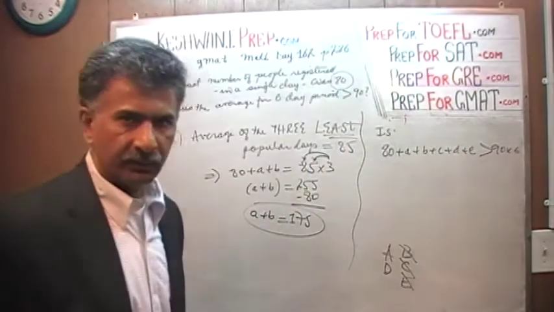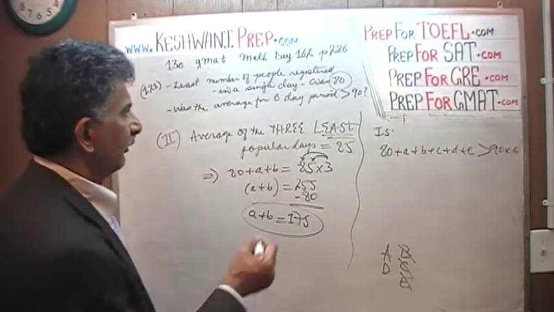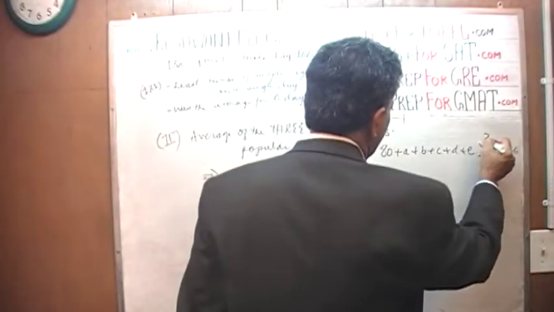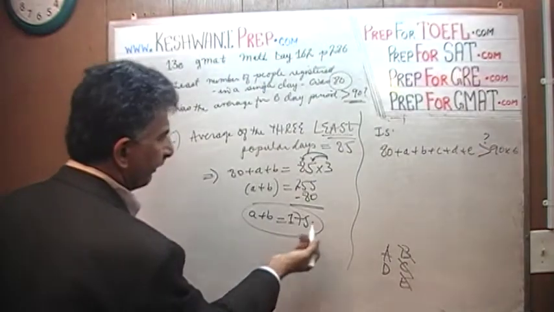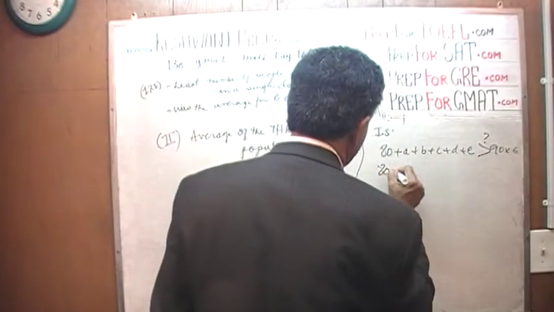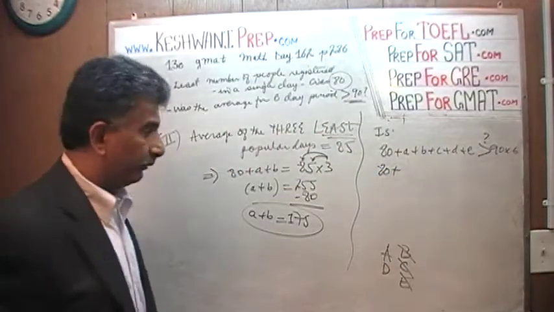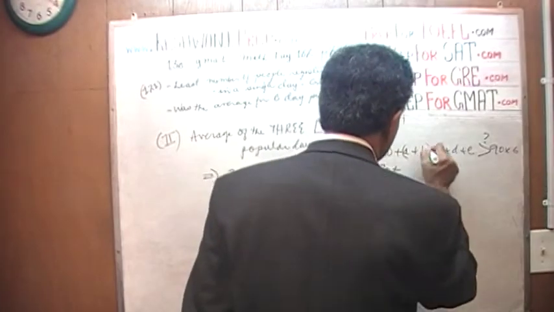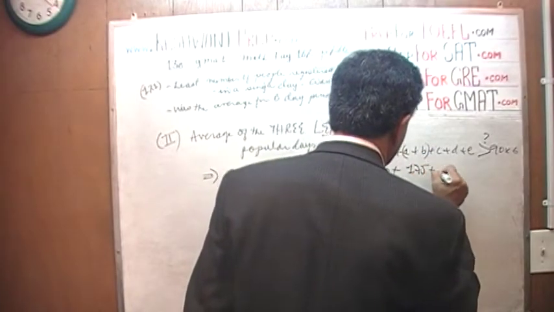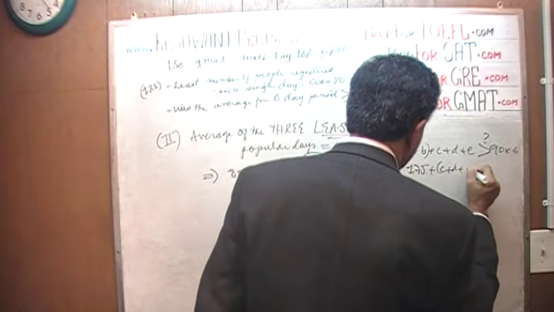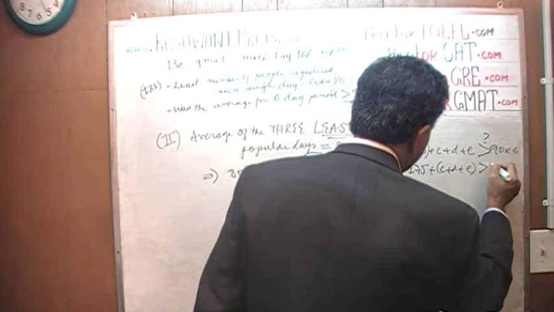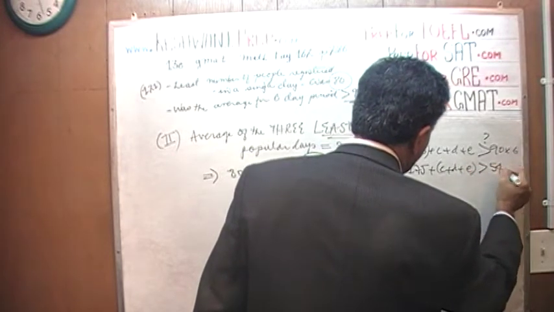That was the question, wasn't it? Was their average more than 90? And we know A plus B is 175, not 75. Let's put it in here. A plus B is 175 plus C plus D plus E. Is this more than 540?